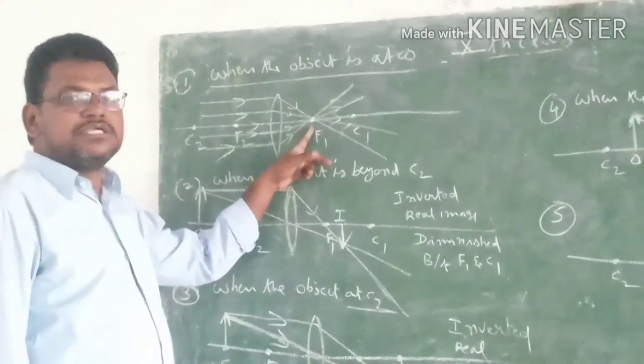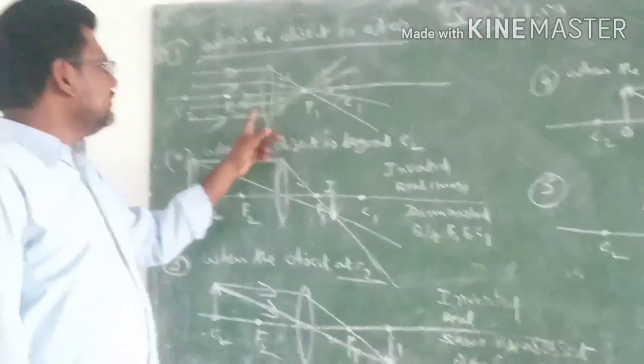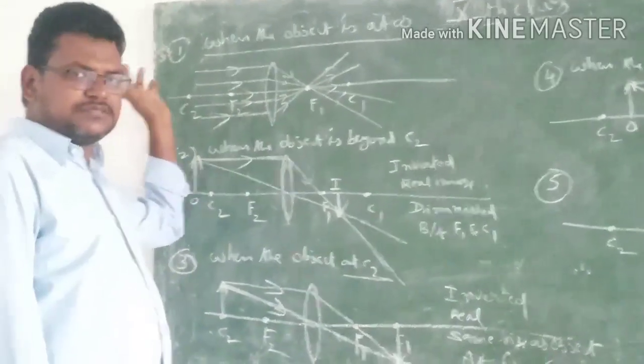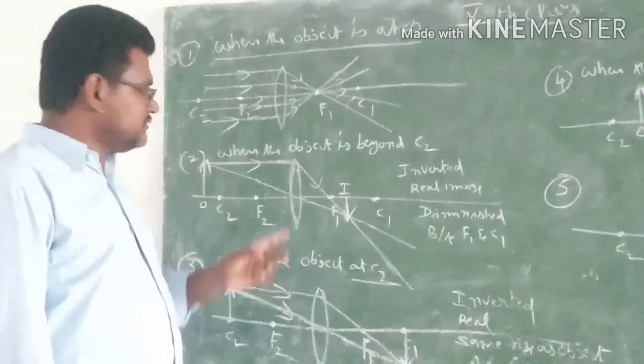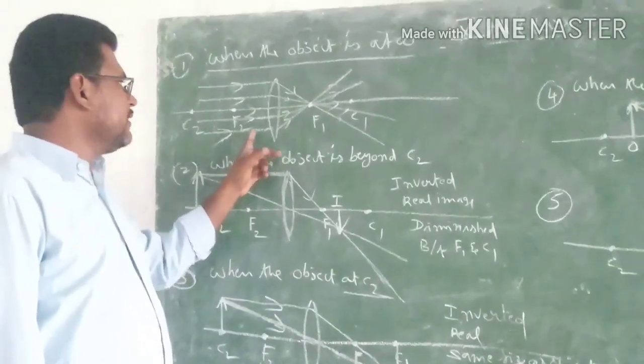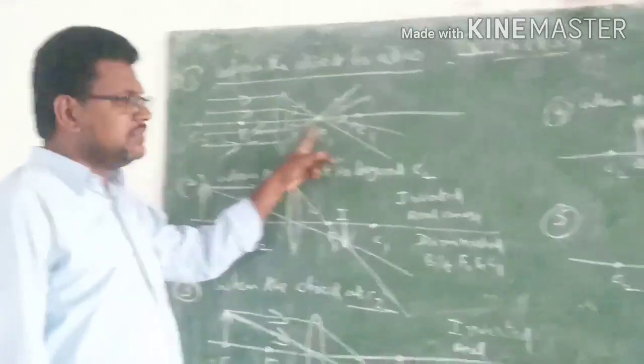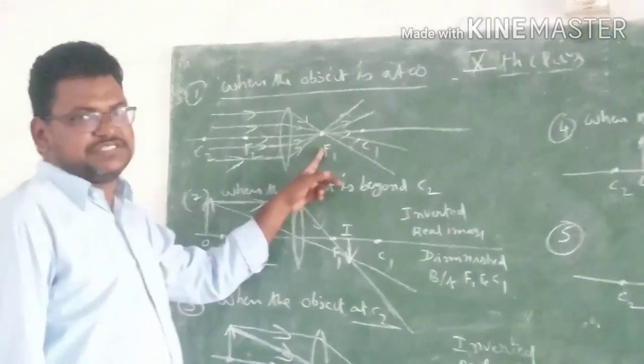At focus the image forms. So here the distance from lens to object is called the object distance. Here the object distance is infinity, and the distance from lens to image is called the image distance.